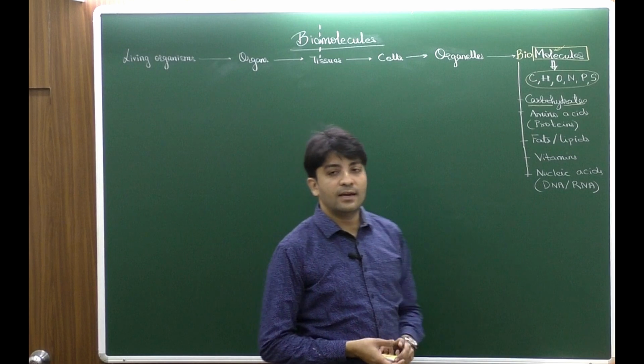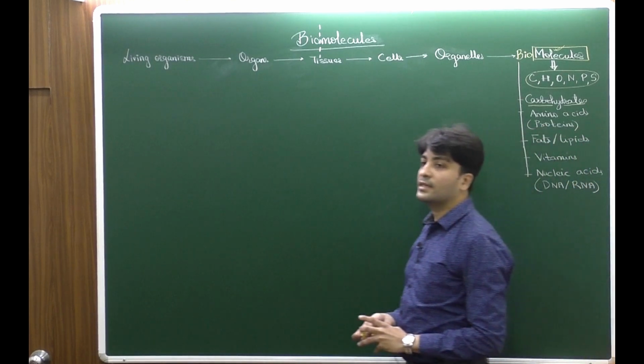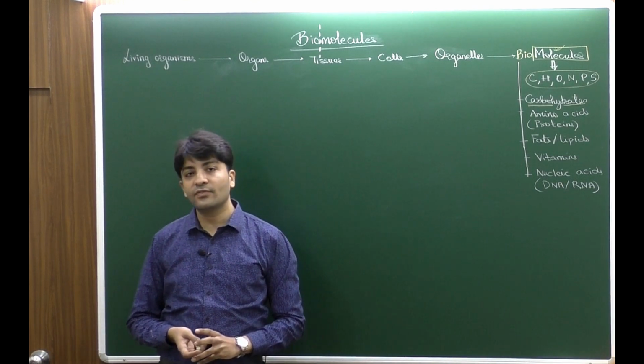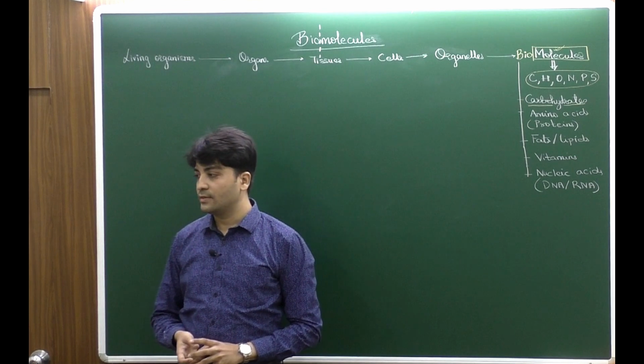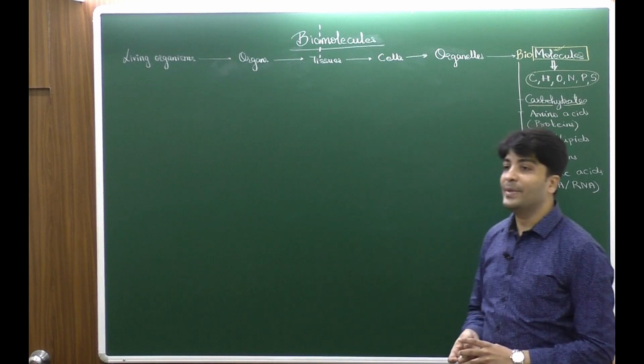They are lifeless, but when combined in a complex but organized manner, they are able to produce life, sustain life, and control the biological reactions. So biomolecules are important for growth and maintenance.